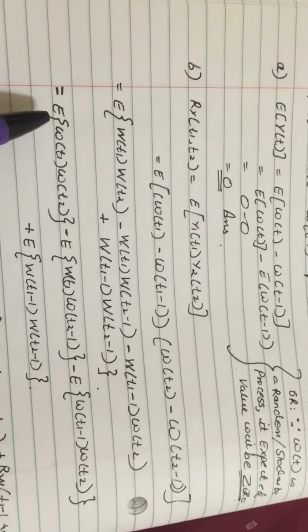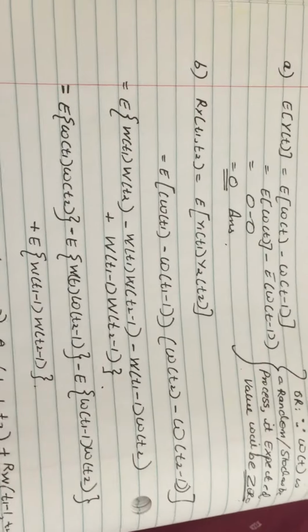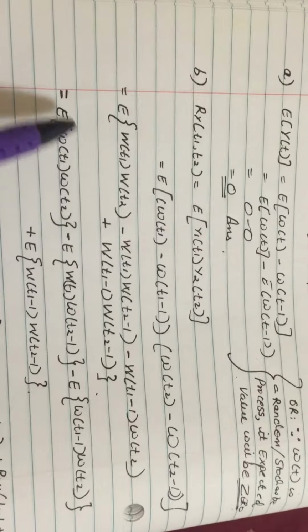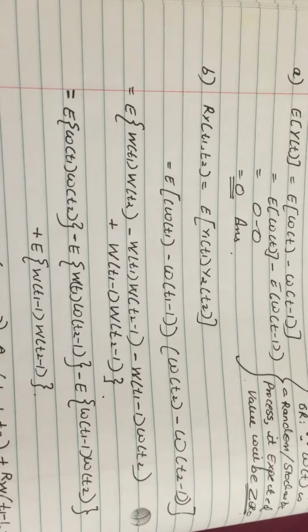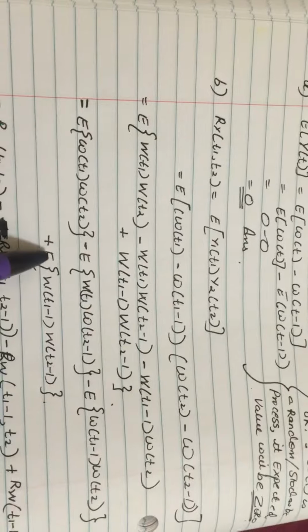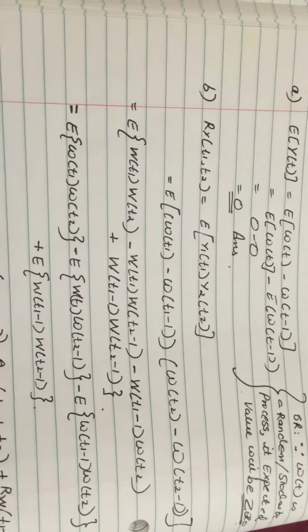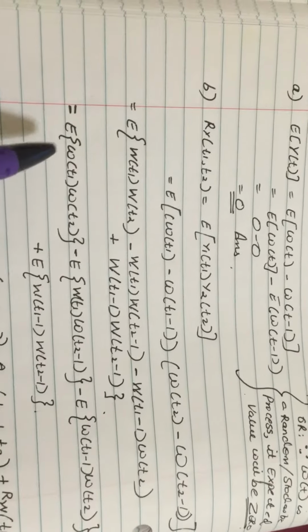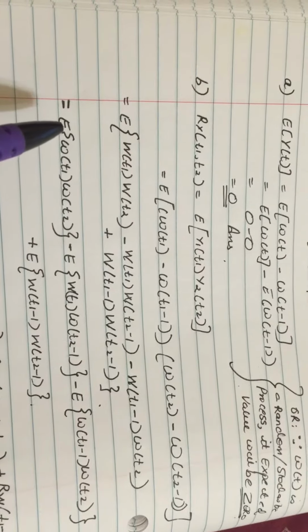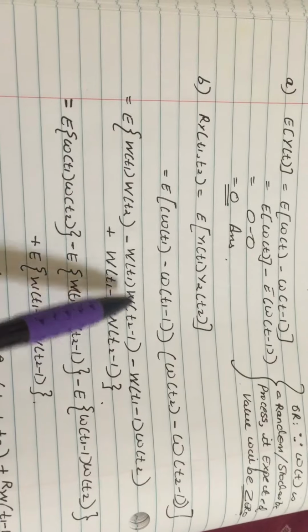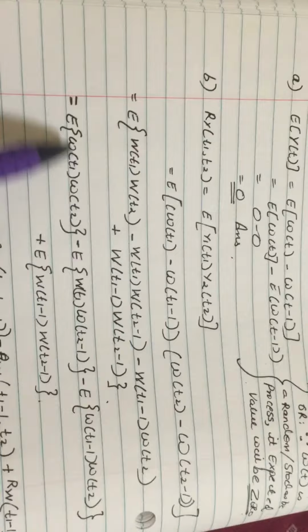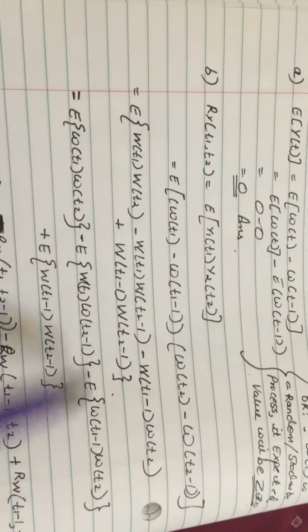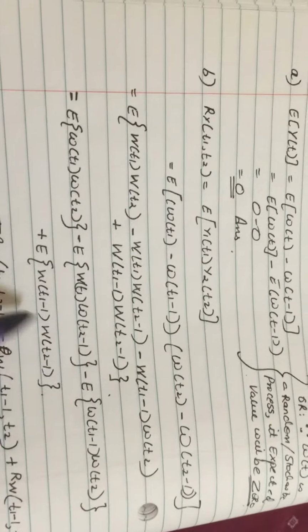Open up the brackets. Again, expected value can be used linearly where there are additions and subtractions, but we must remember that it cannot be used when there's a multiplication unless it's independent. So basically open up the brackets from here to here, then put expected values of these functions separately.